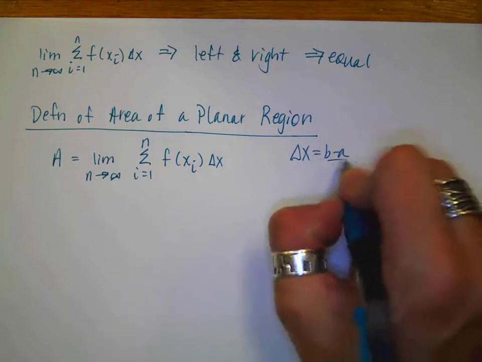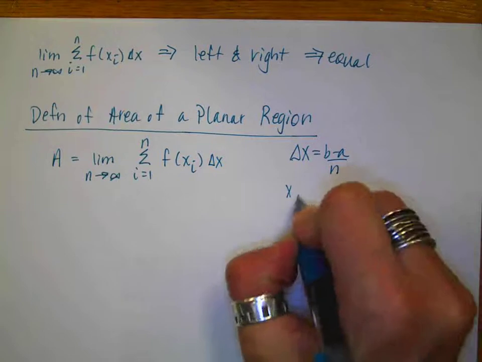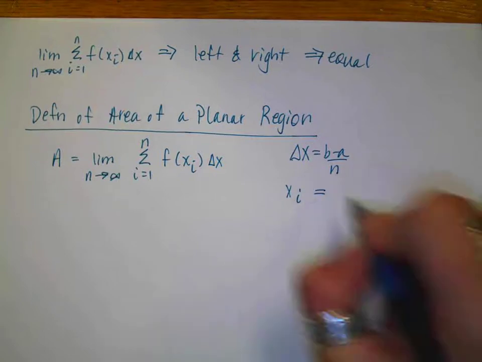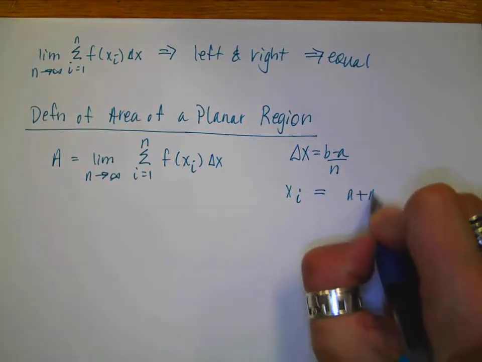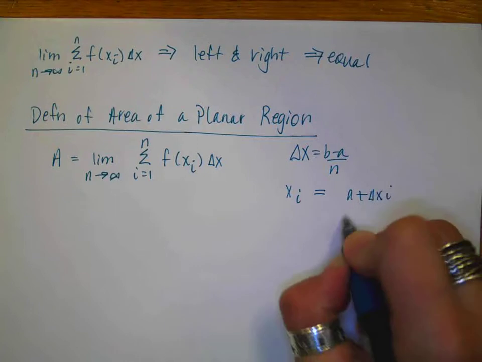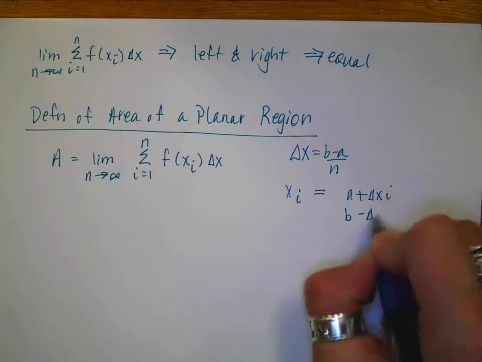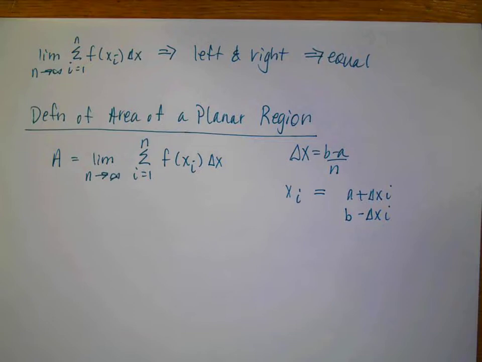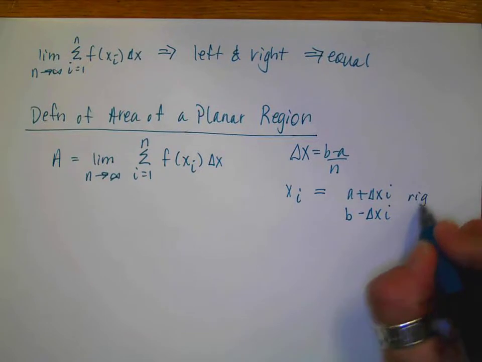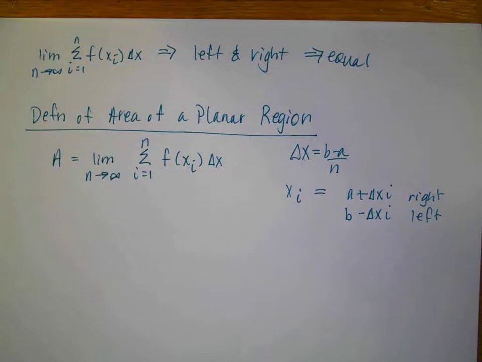Same thing when we do our Riemann sums. Remember that delta x is b minus a over n, and my x sub i is either going to be a plus delta x times i or b minus delta x times i. This one is the right, in case you don't remember, and this one is the left.